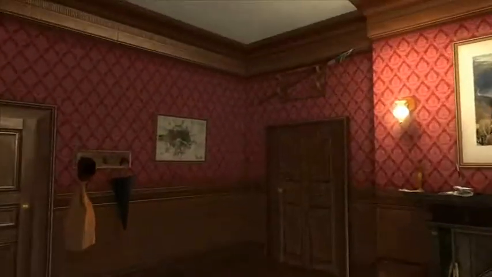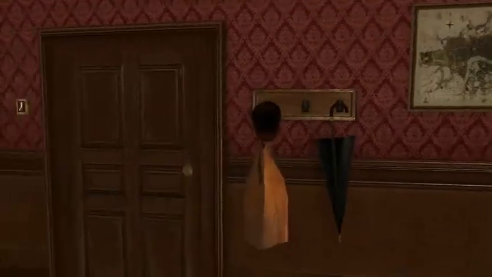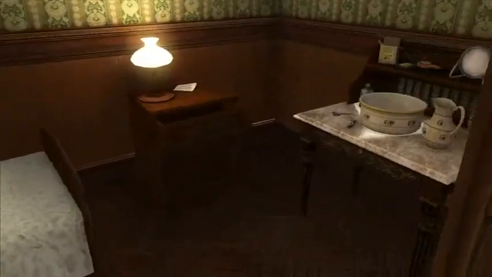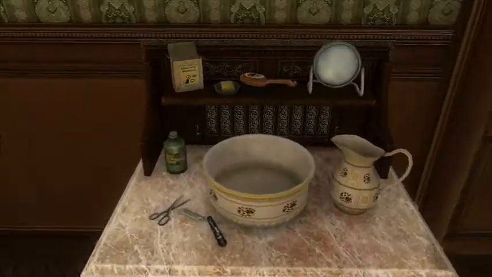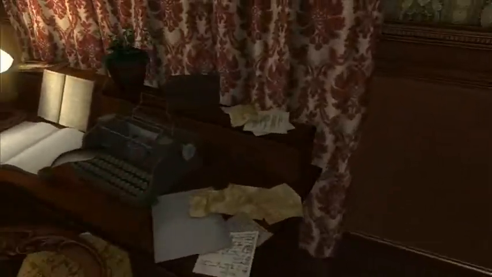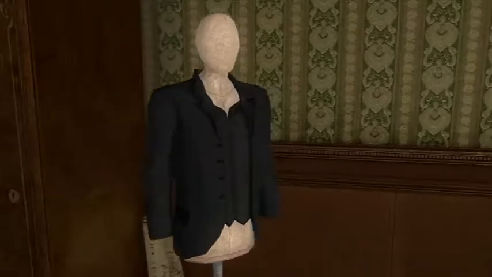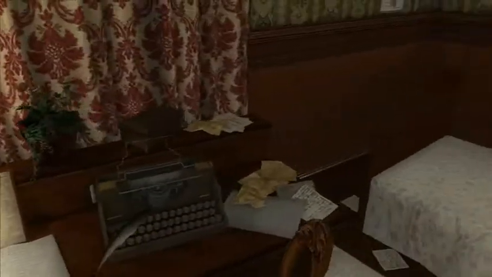Now, there are two other doors. Now, that's the door out. Is this to Mrs. Hudson? Okay. Now, we are trying to get... see if there is anything.